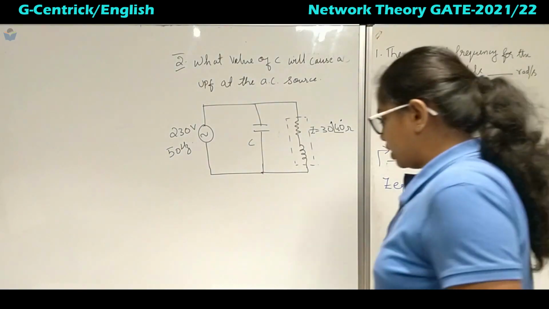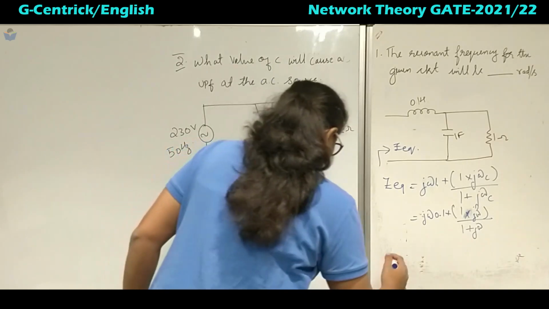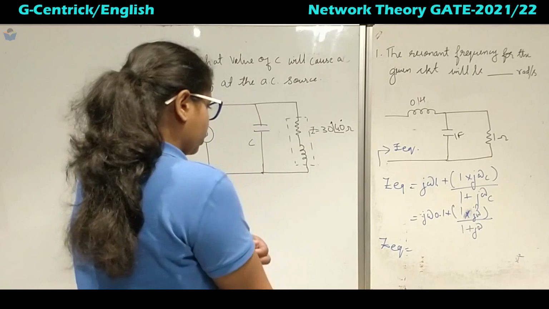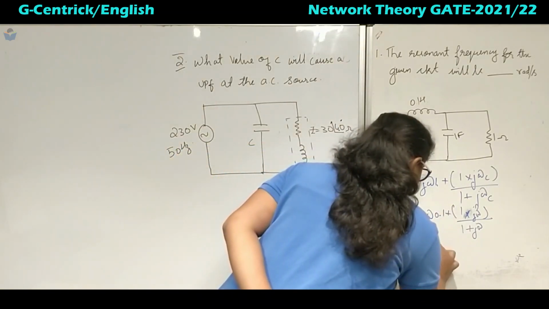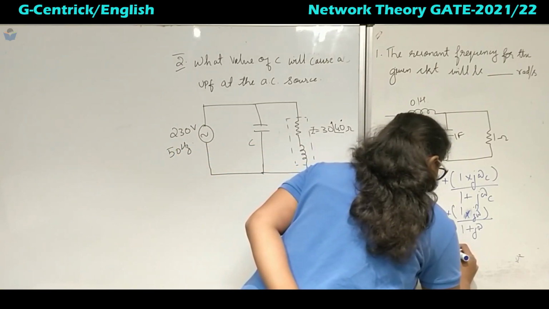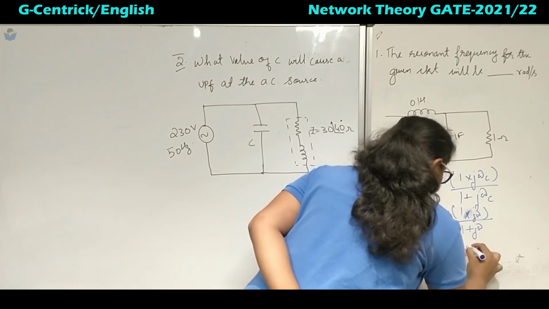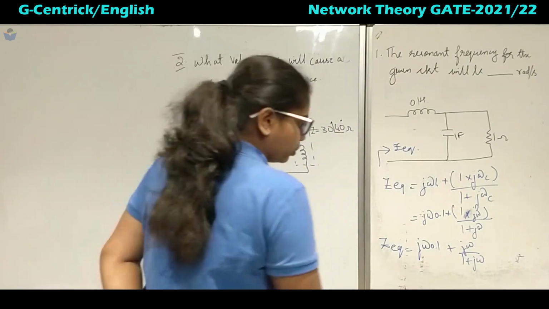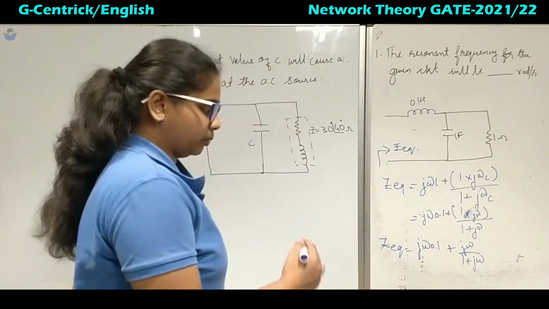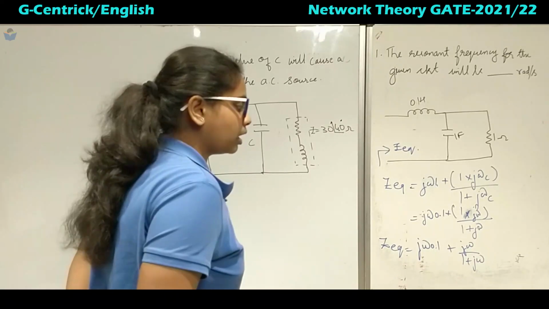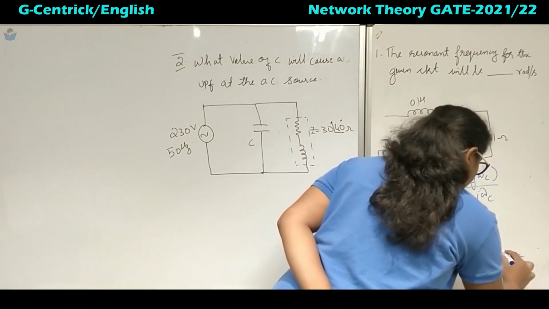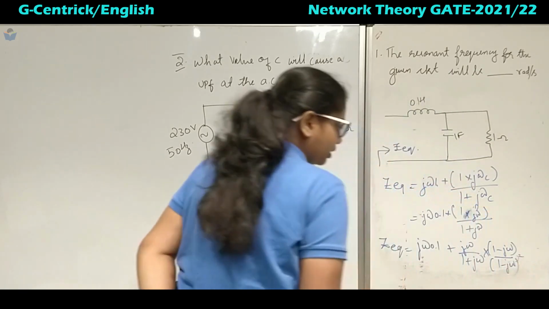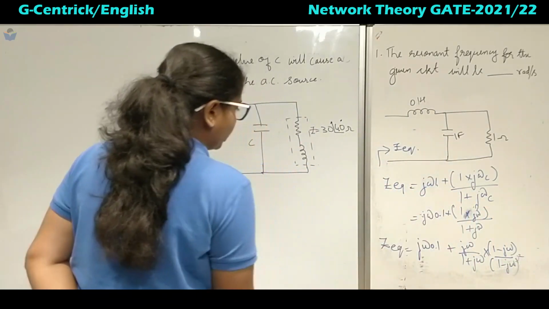Now you can take the Z equivalent. How will you take it? Simplify this first. When you simplify, you will get j omega 0.1 plus j omega divided by 1 plus j omega. To eliminate the j term in the denominator, we rationalize it: we multiply by 1 minus j omega and divide by the same.